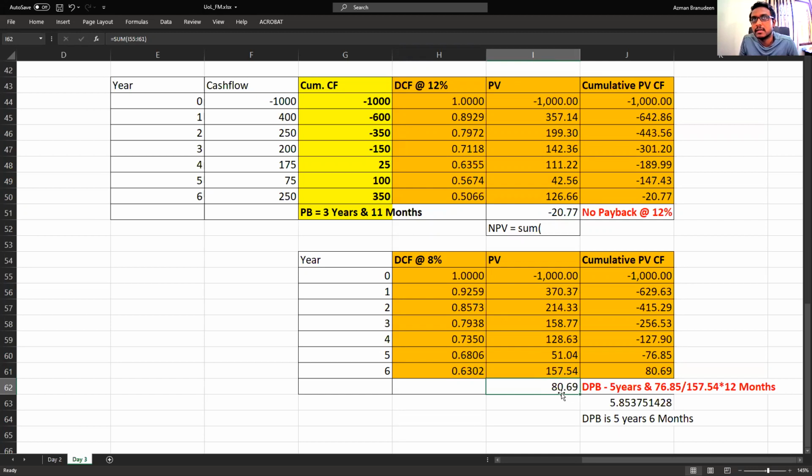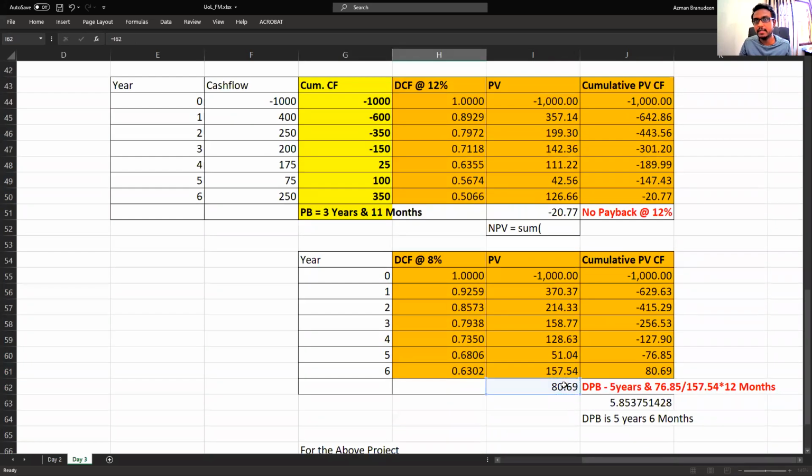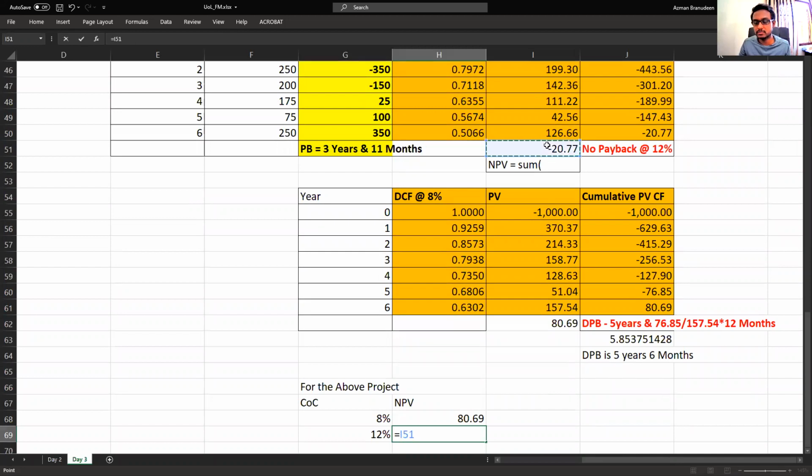Why is NPV decreasing when your cost of capital is increasing? For the above project, 8% and 12%, the rate, NPV, cost of capital, NPV is for 8% 80, for 12% minus 20.